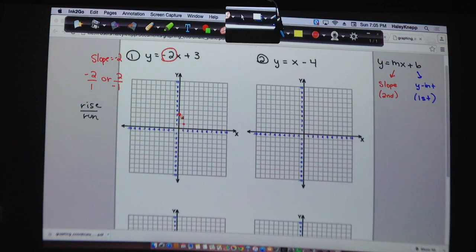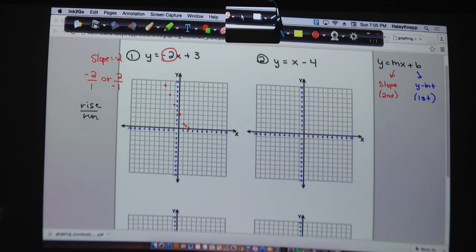Now I go back up to this point, and I want to graph 2 over -1. So if I rise 2, I will run to the left, -1. Now I can keep graphing this line by going up 2 to the left 1, up 2 to the left 1.